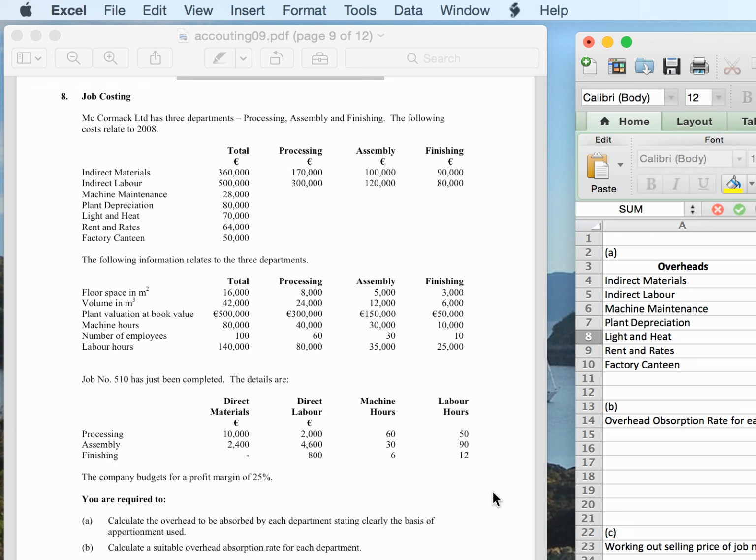So 70 grand times the volume, 24 over 42. Then the next one is 70 grand times 12 over 42. And then the last one is going to be 70 grand times 6 over 42.